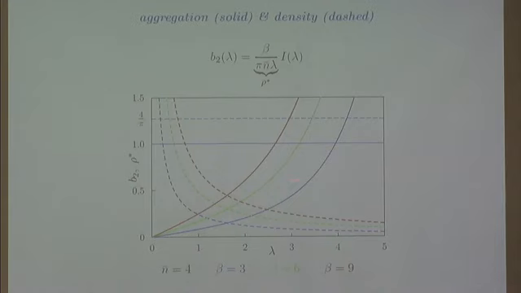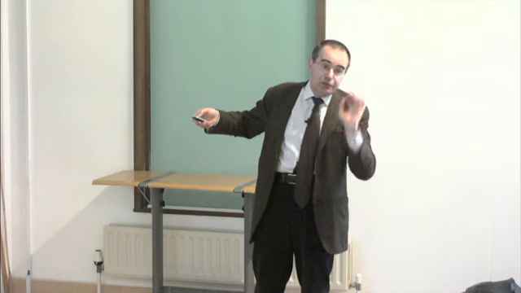There are 3 pairs of curves, and with this color code, beta equals 3 is the blue code, the green code is 6, and 9 is the red code, which means that these 3 pairs of curves are actually drawn for 3 different objective values, target values for beta.